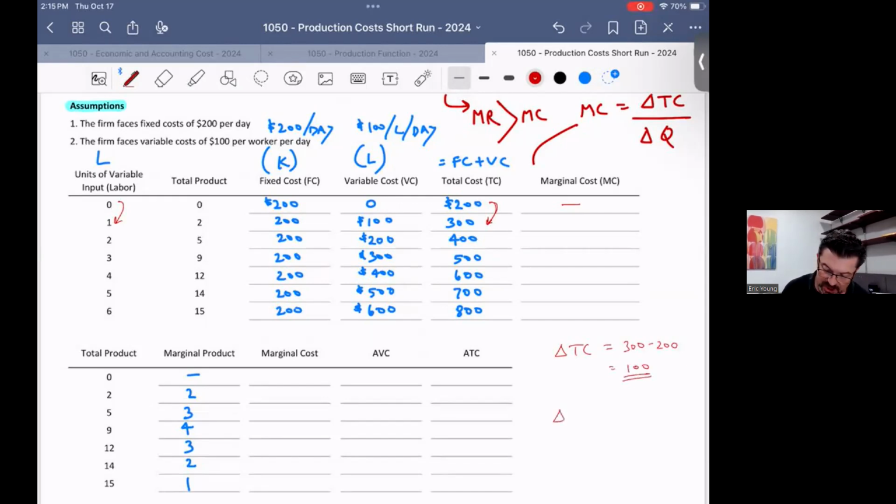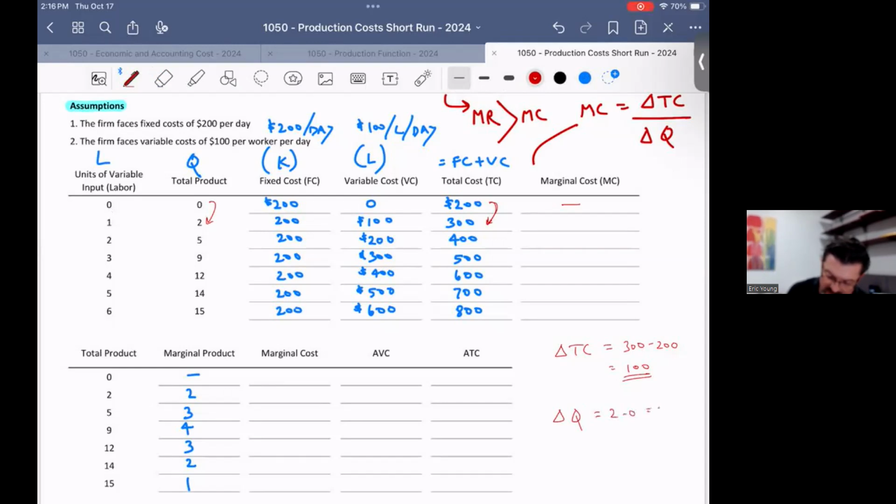Our change in quantity is going from... it should not be this one. Forgive me, that was my mistake. It's not the change in labor, it's the change in quantity. So we're actually going from here to here. Our change in output, our change in quantity, is going from 0 to 2.